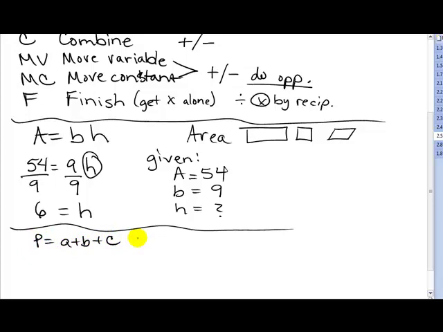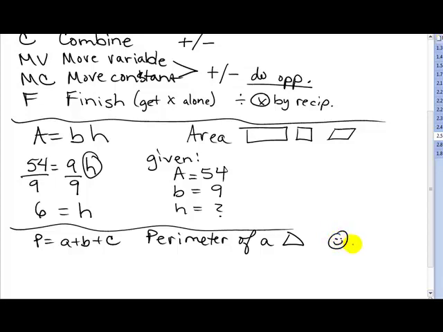P equals A plus B plus C. Tell me what you think it is. Even though I'm just a recording, I want you to say out loud what you think this is. Okay. If you said perimeter of a triangle, then you are right.